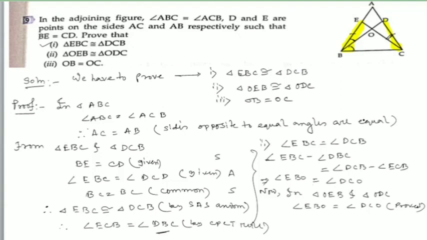Next, angle BOE is equal to angle COD, because these two are opposite angles. So here we write opposite angles. And the last one is BE is equal to DC.